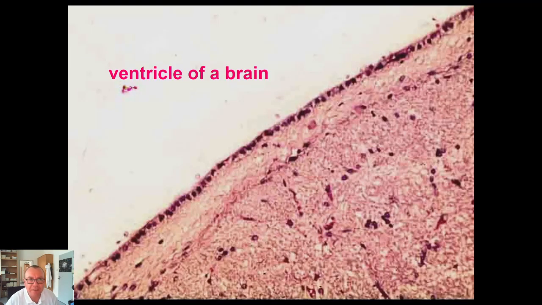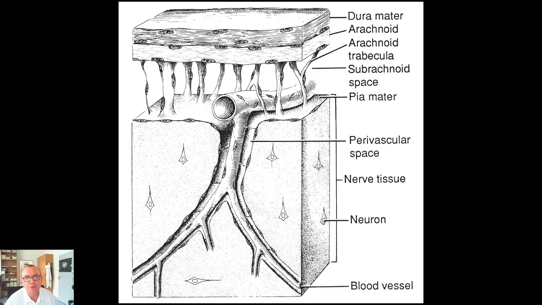Brain has ventricles, and they are lined with ependyma, the same ependyma as you know from the spinal cord. Brain and spinal cord are covered by layers of connective tissue, which are called meninges. There are 3 layers of meninges, and you hopefully know them. They are called dura mater, arachnoid, and pia mater.